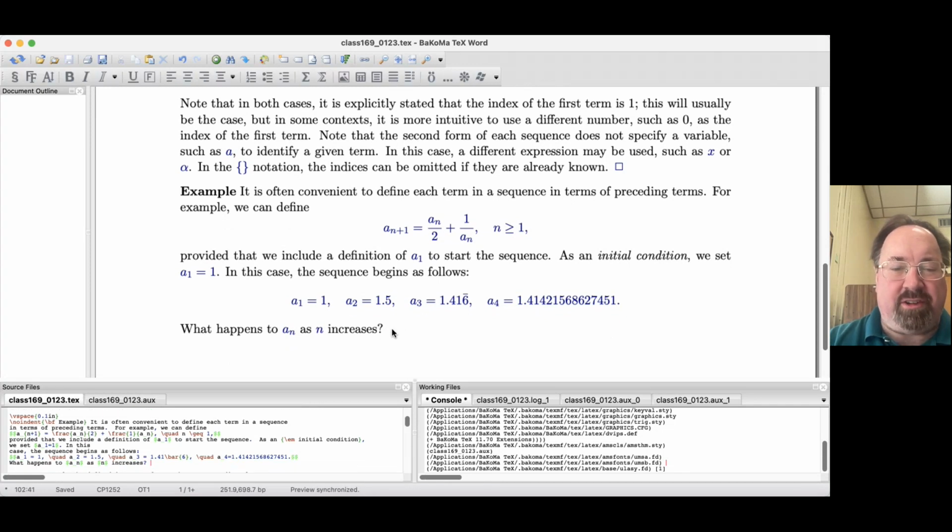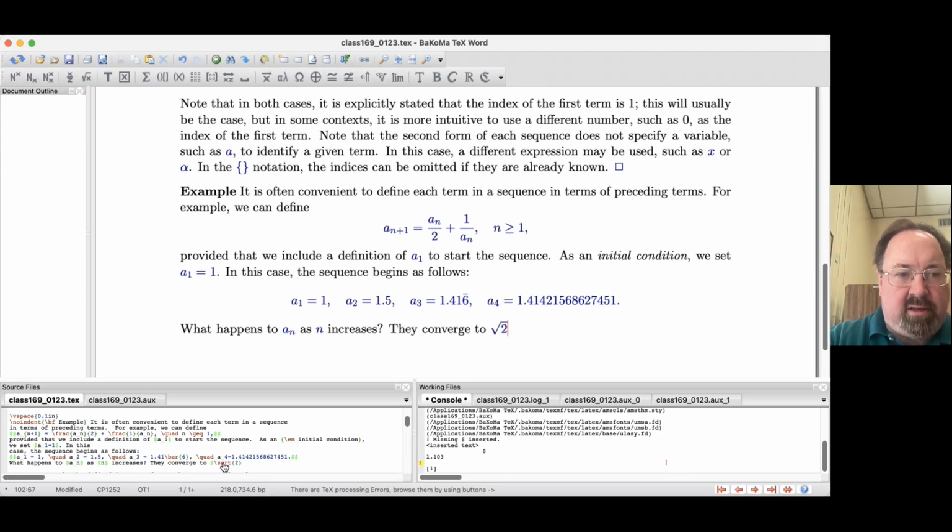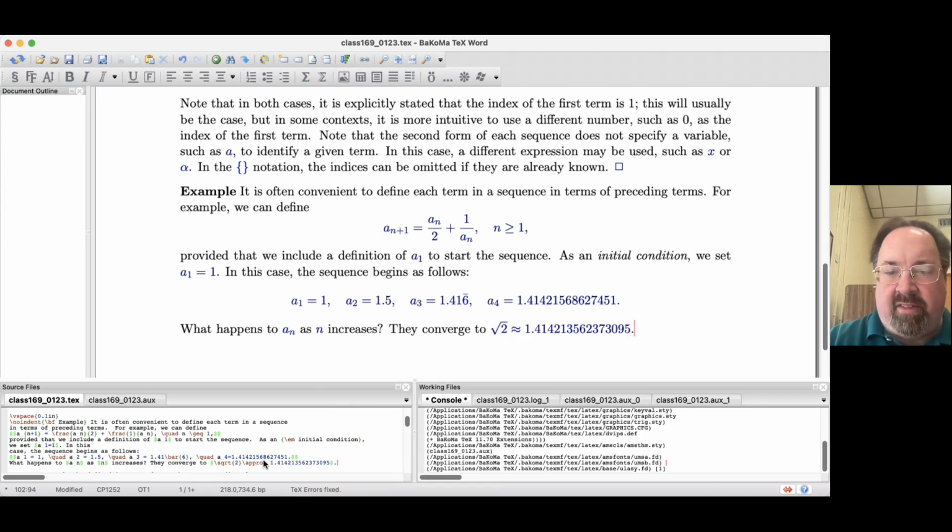So I've just answered this question right here. I'll just make a note of that. In fact, I'll just paste in the value of that. So you can see just by getting to A4, we're already quite close to that value.